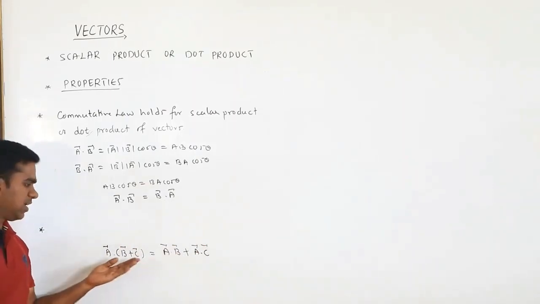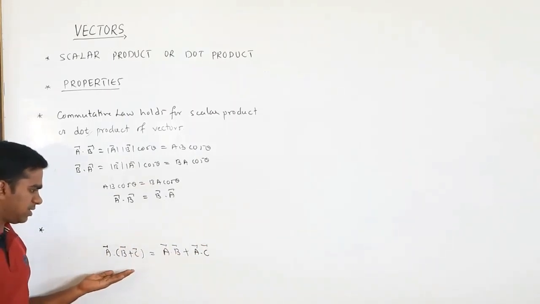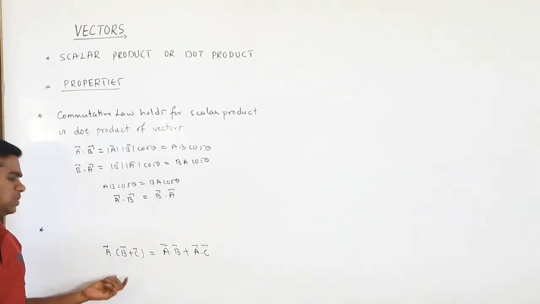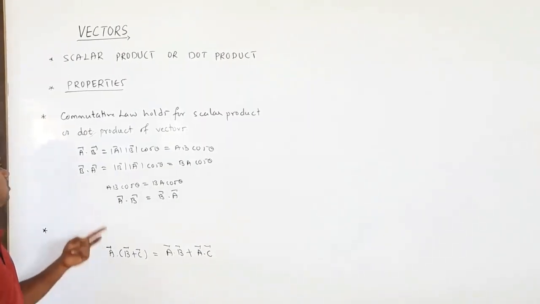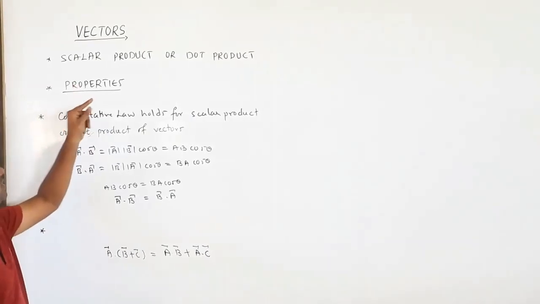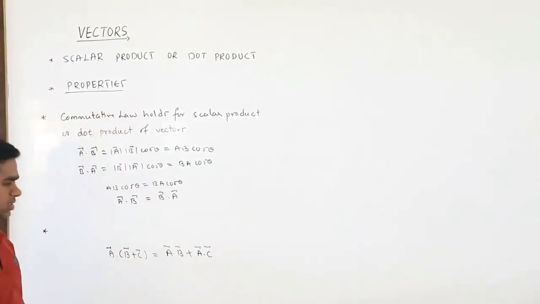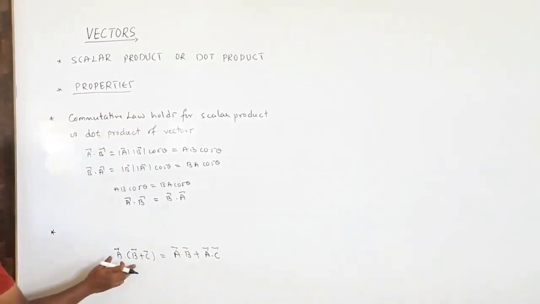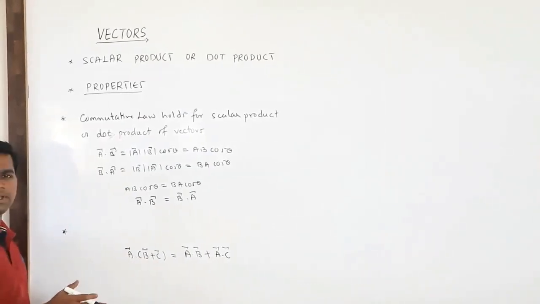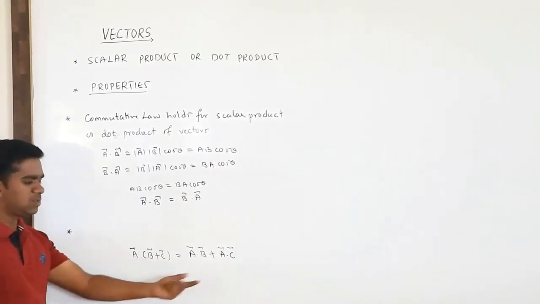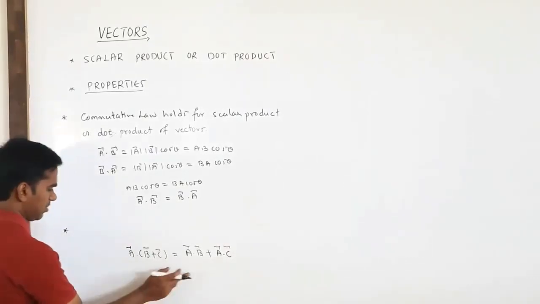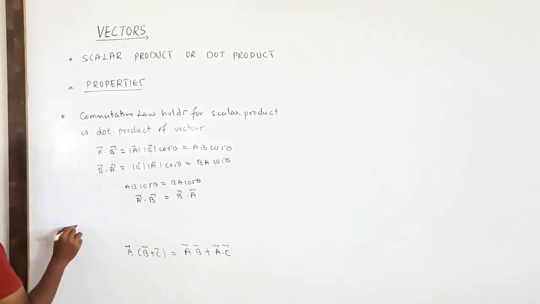So what is this? This is nothing but distributive. So that means distributive law holds for the scalar product or dot product. Okay, so you can take some a, b, c, some vectors i cap, j cap, k cap. You can do this and you will get the result. Okay, so I'm not going to do that one. You can do it yourself.